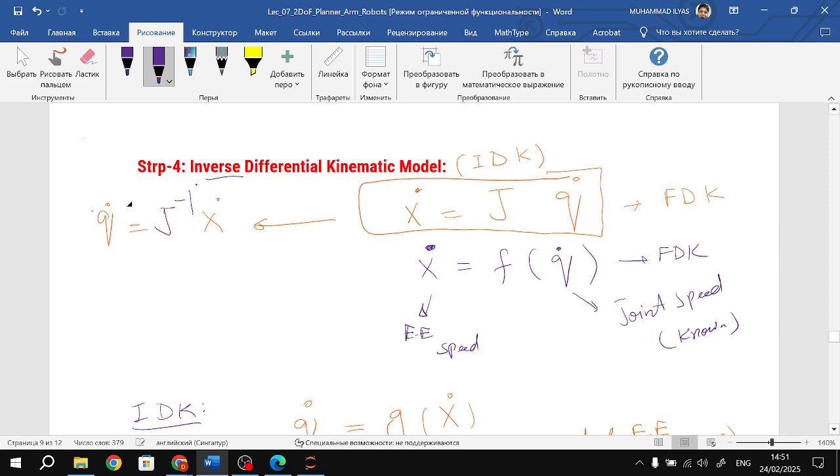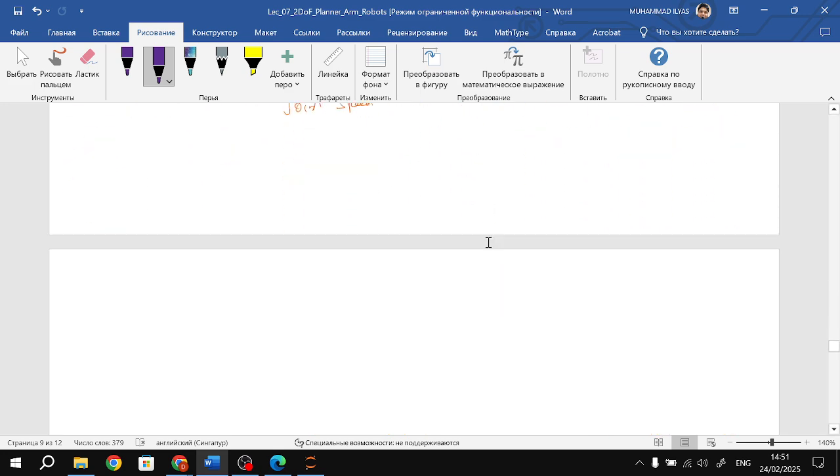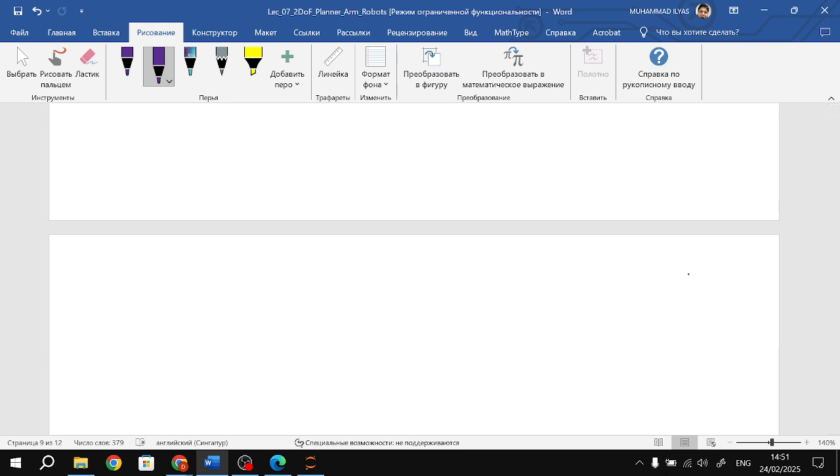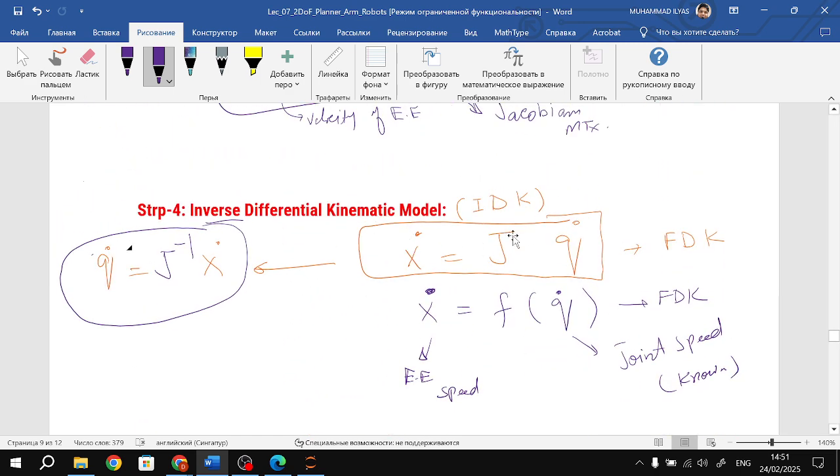Just invert your Jacobian matrix, and that's all. For example, if you have y is equal to a x, then what is x? A inverse y, right? Same way, you have x dot is equal to J q dot. So what is q dot? J inverse x dot, right?